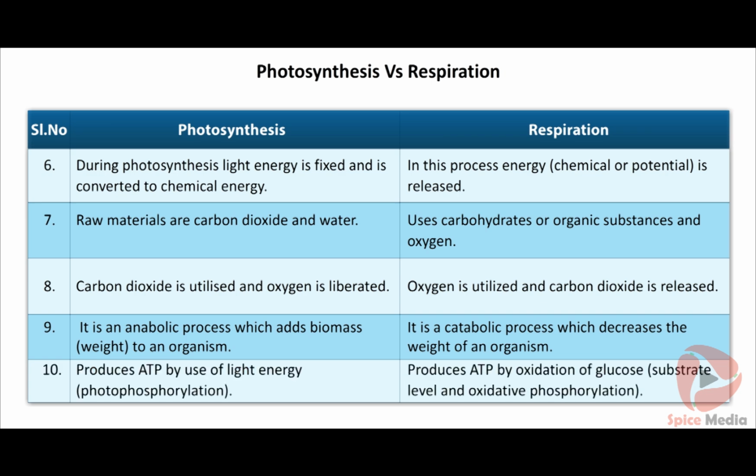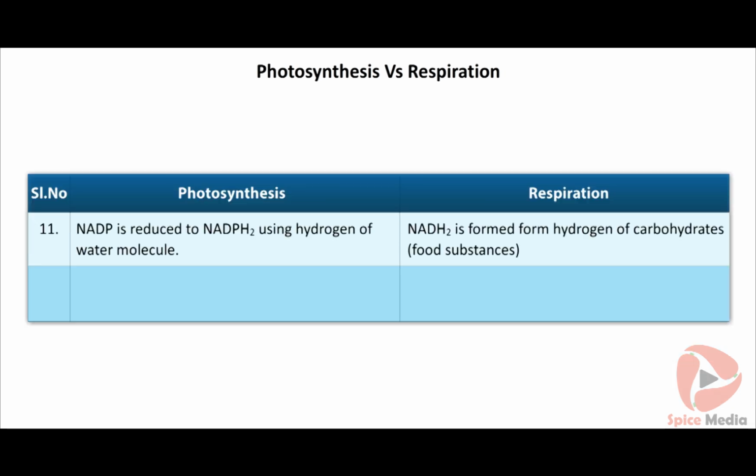Photosynthesis involves photophosphorylation, during which ATP is produced by using light energy. Respiration involves substrate level and oxidative phosphorylation, during which ATP is produced from the oxidation of glucose. During photosynthesis, hydrogen is taken from water molecule to reduce NADP to NADPH2.